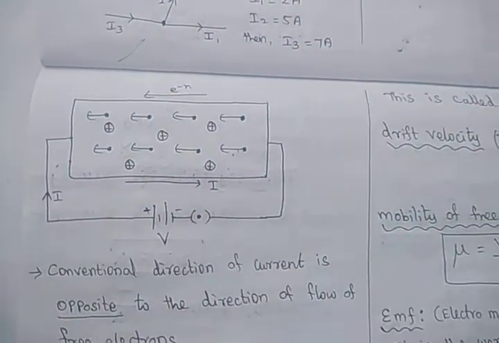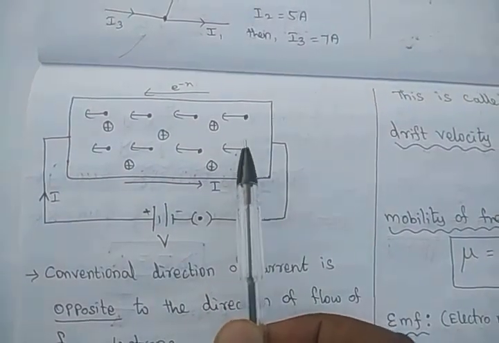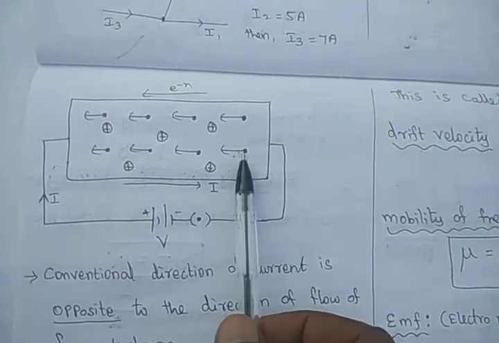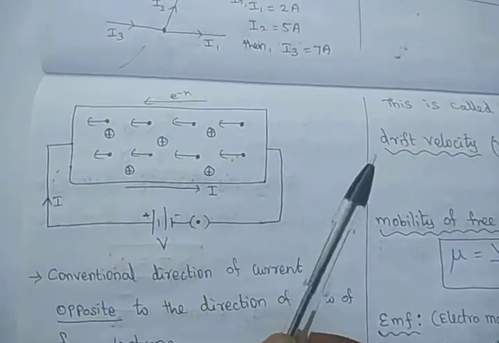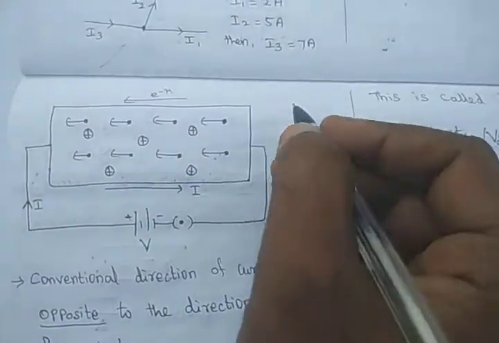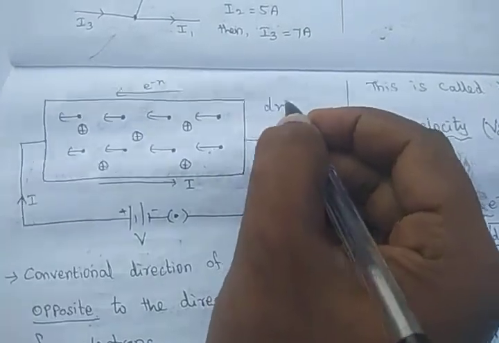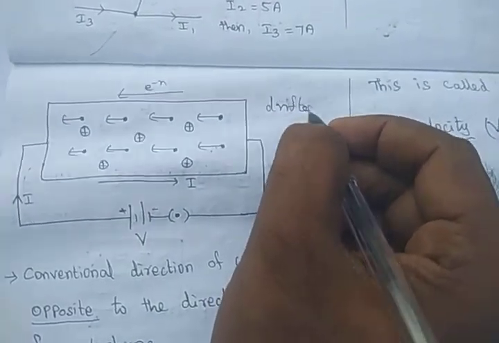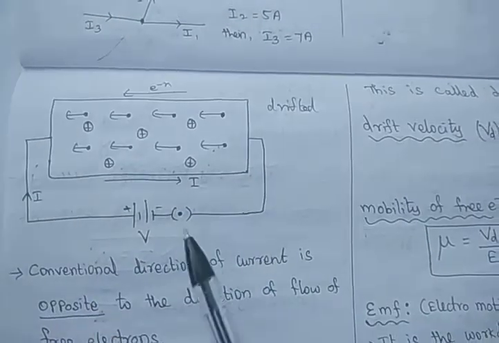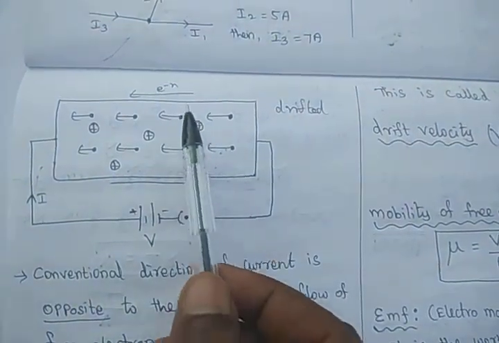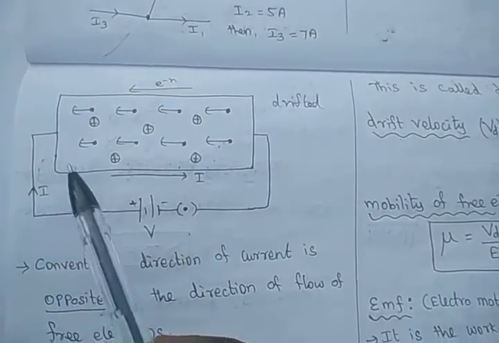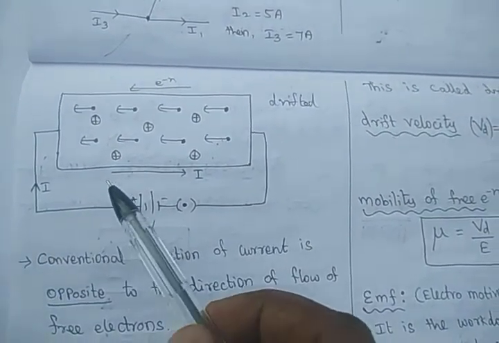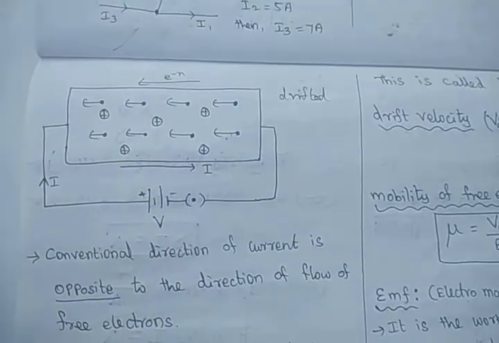That is the electron flow direction. But conventionally, we take the current direction to always be opposite to the electron direction.